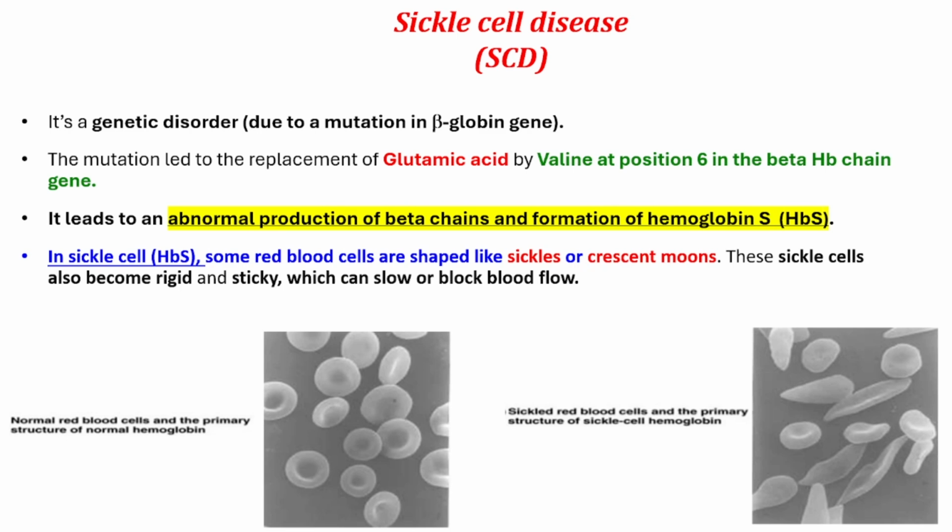Myoglobin is monomeric, hemoglobin is tetrameric. Hemoglobin has a T form and an R form. The T form is without oxygen, the deoxygenated. The R form is the relaxed, oxygenated form. The T becomes R by breaking some non-covalent bonds between the alpha and beta dimer.